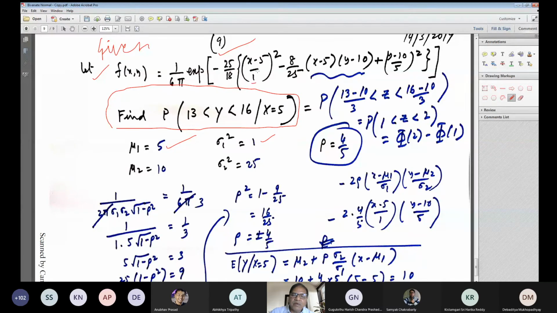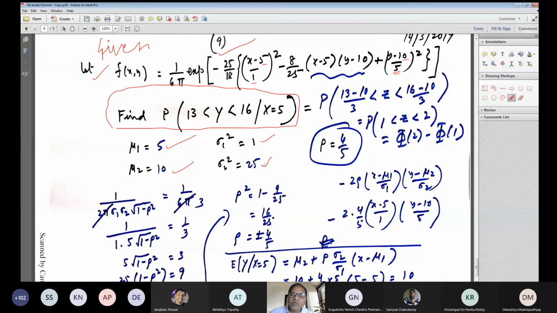Now y minus mu2, so mu2 is 10, and sigma 2 is 5. So x minus mu1 by sigma 1, y minus mu2 by sigma 2. We have got this.